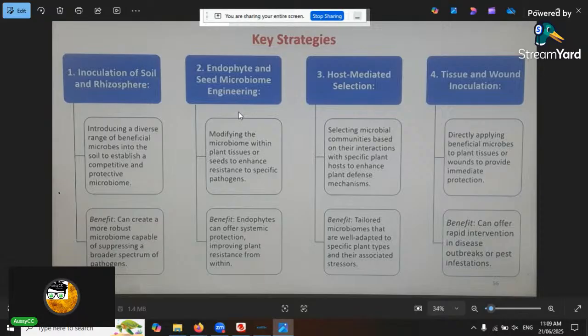That's why they say you can't import seeds. That's also why buying seeds or sourcing seeds from an organic producer is way better for that reason. You're getting your microbes which work with that species already. Host-mediated selection.